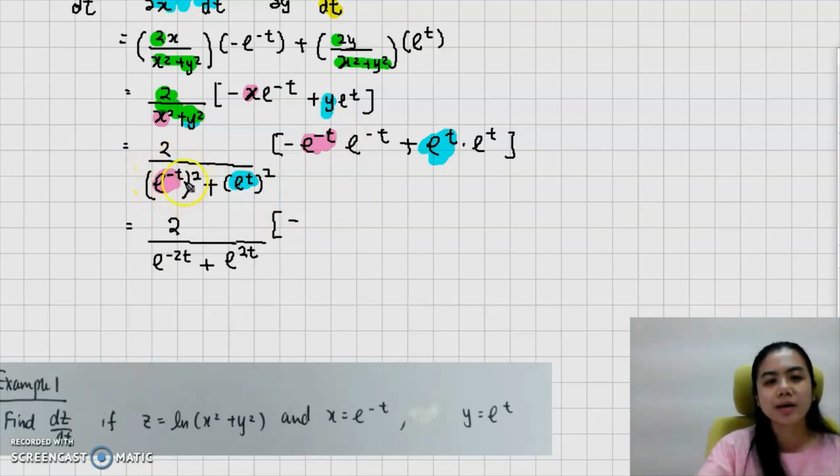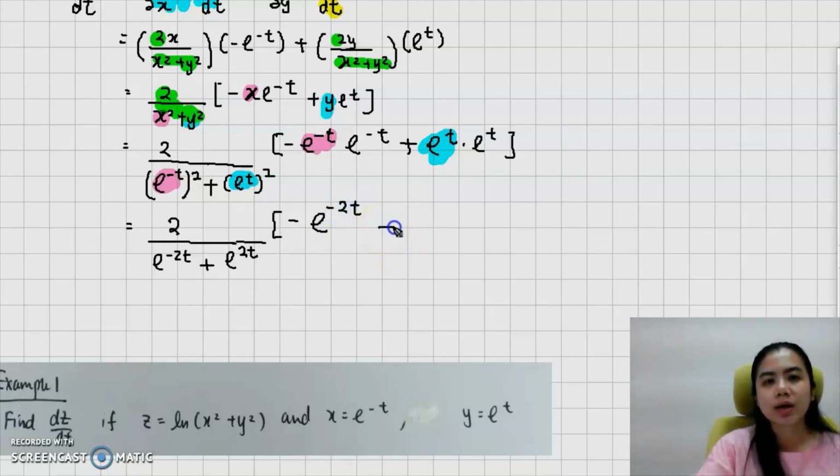When you have a bracket with a square, the index and index you multiply. But you have two items here, basically the same item, with e exponent. So the index you add: minus t plus minus t, so you will have minus 2t.